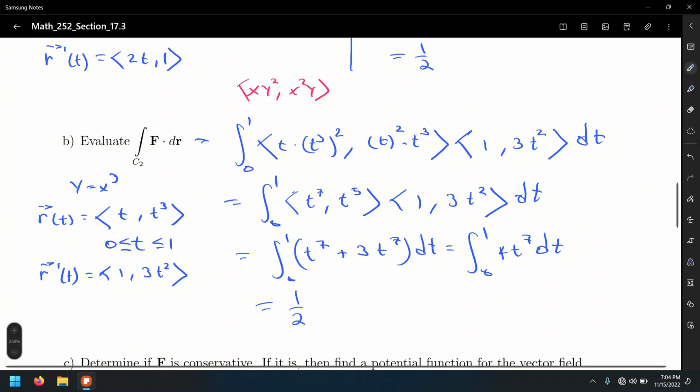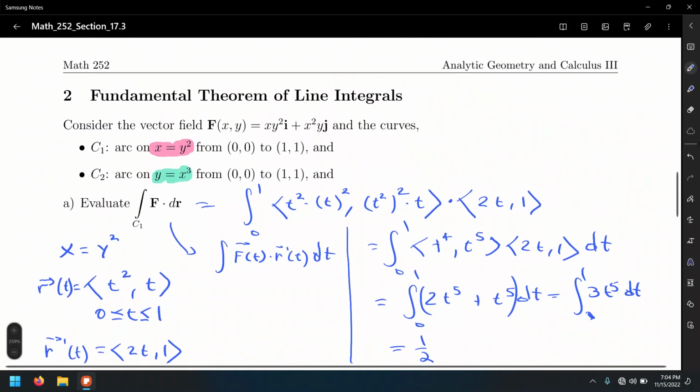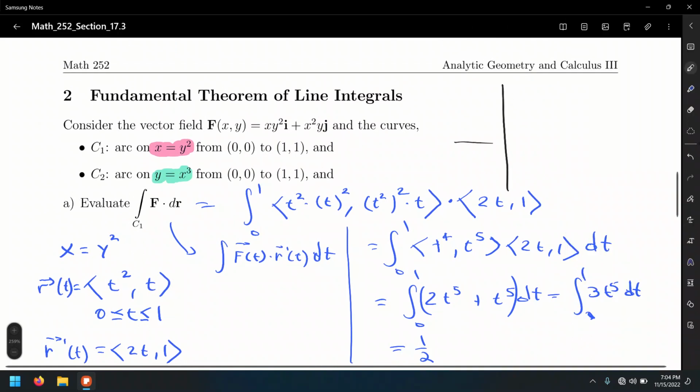Okay, so notice, let's go back to the definitions of our arcs. In this case, this is what's going on. We're going from the point 0, 0 to the point 1, 1 over C1, but since it's a function of y, x equals y squared, that means y equals the square root of x.